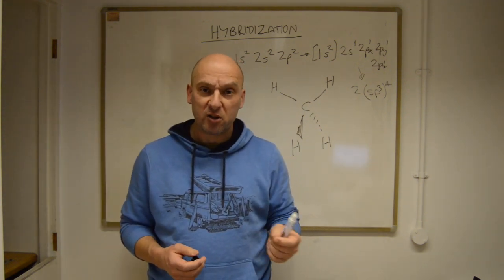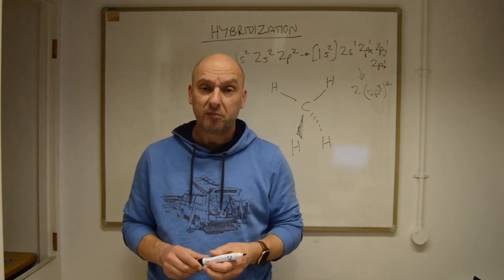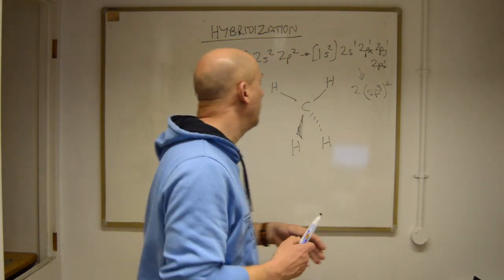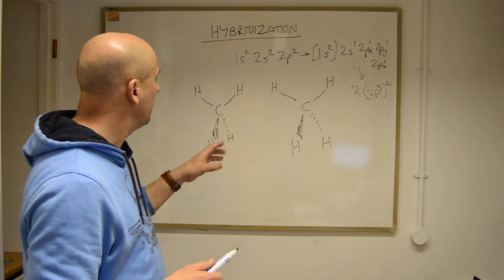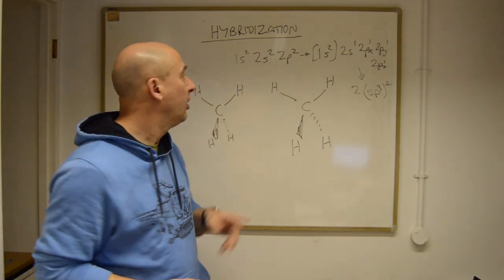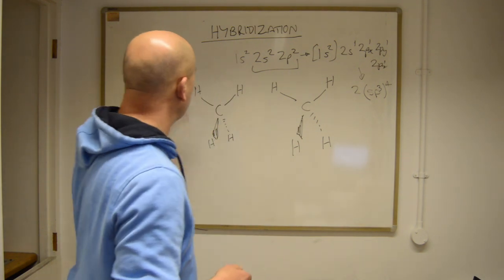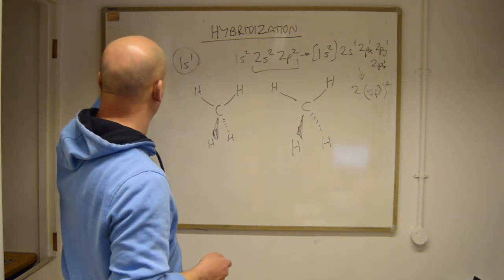What I'll show you in a minute is the canonical molecular orbitals of methane, and I'll show you how they form bonds. So what we have in methane is our carbon atom with its four outer electrons, and we have our hydrogen 1s1.